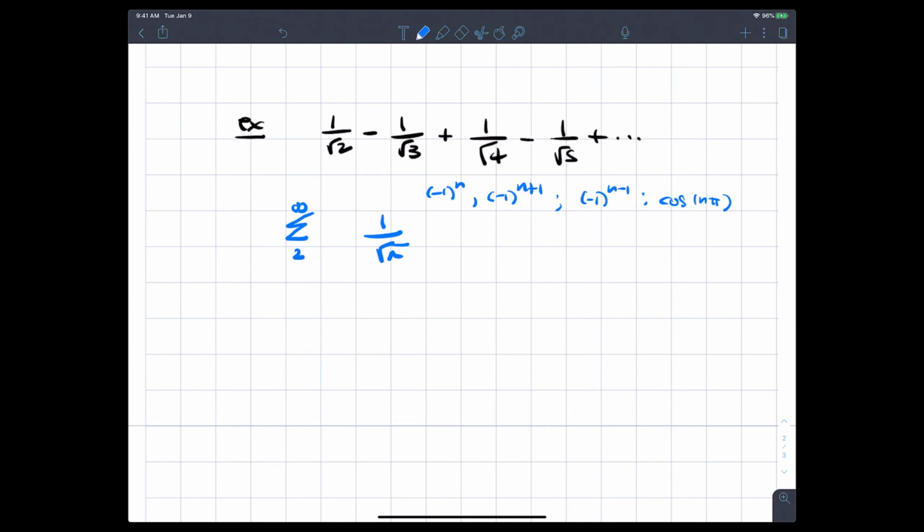I want to make sure that when n is 2, I start with a positive term, and the next term has to be negative. Which one of these does the job? It looks like -1 to the n does the job, since with n equal to 2 we get -1 squared. This is why I originally put -1 to the n.